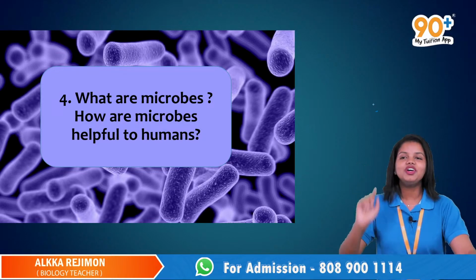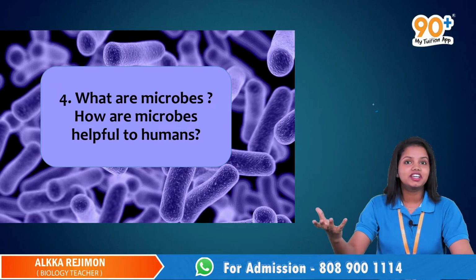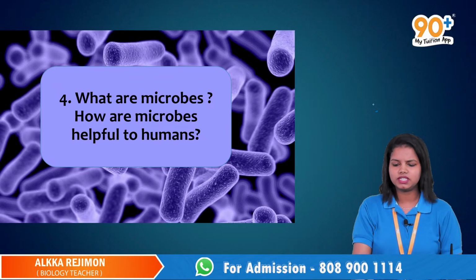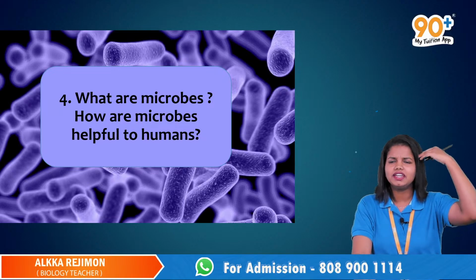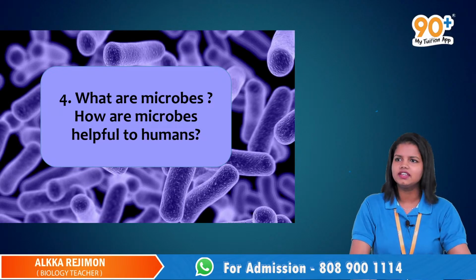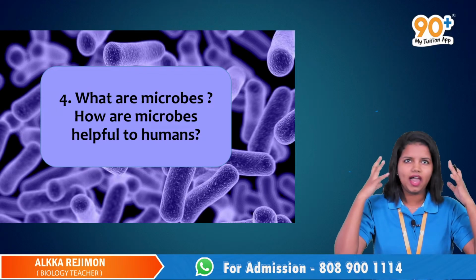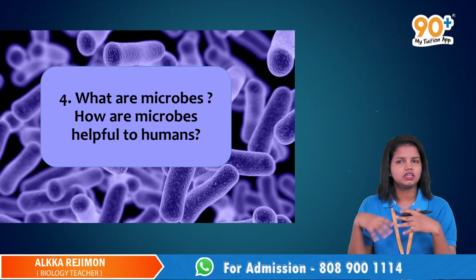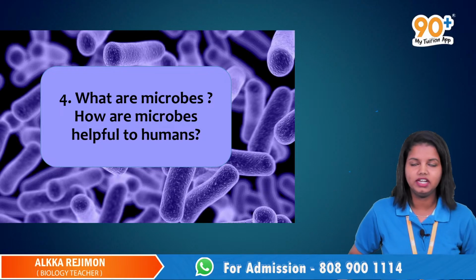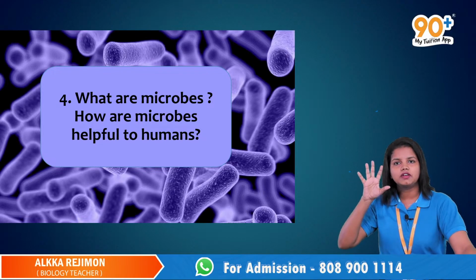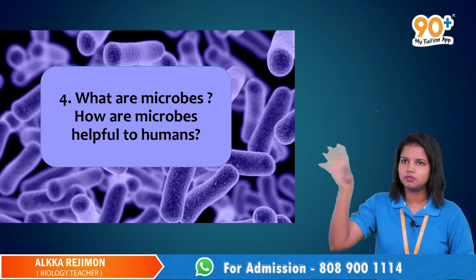So, the fourth question is, what are microbes and how are microbes useful to humans? You can be writing an essay for this question, right? In our chapter Microbes, Friend and Foe, half of the chapter was about the friendly microbes. So, about all the friendly microbes, you can write in this particular answer.